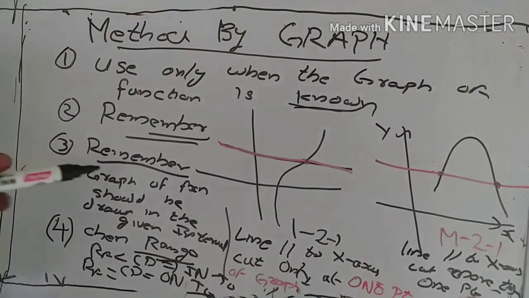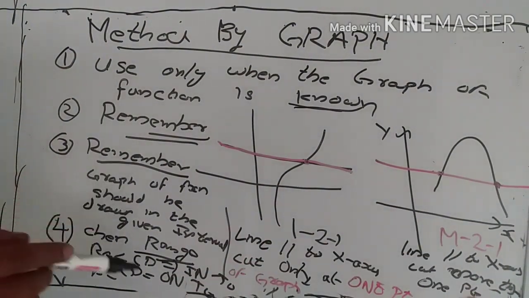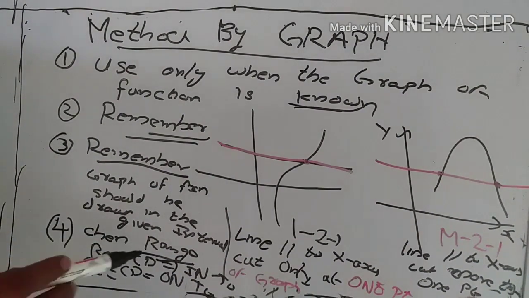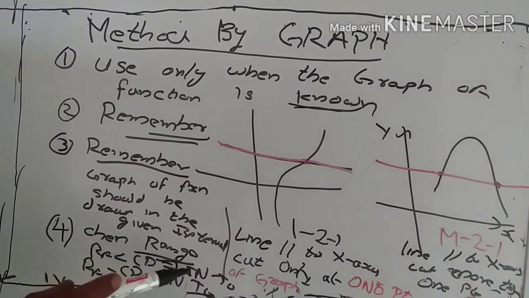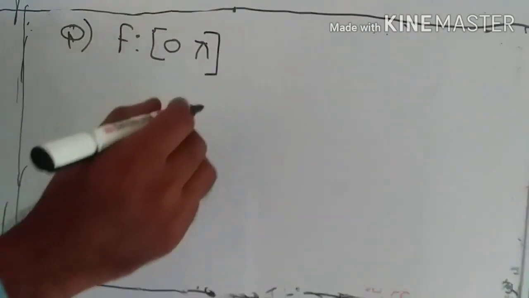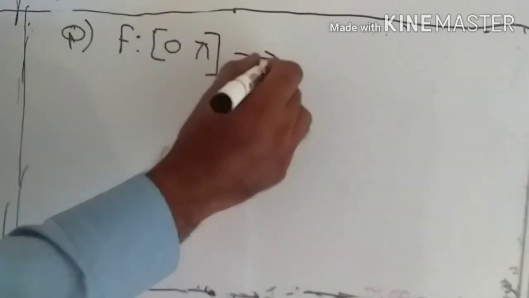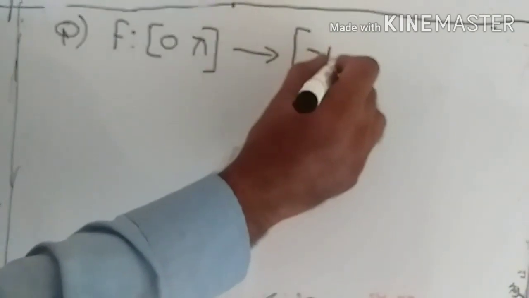Then remember, the graph should be drawn in the given interval of the domain, and check the range of the function. If range is less than codomain, it is an into function. If range is equal to codomain, the function is onto.